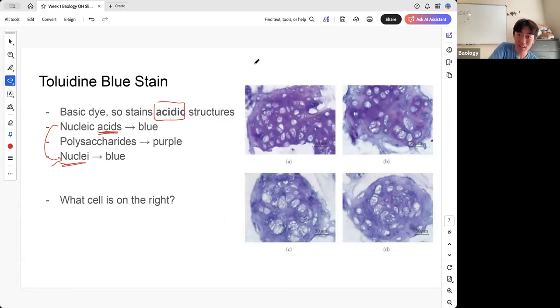This is likely a chondrocyte, which is the cell that makes up cartilage. Now how are you supposed to know this? Chondroitin sulfate? Can someone tell me how you're supposed to know it's a chondrocyte, besides that it looks kind of like that?